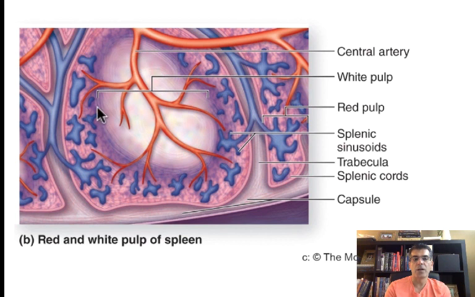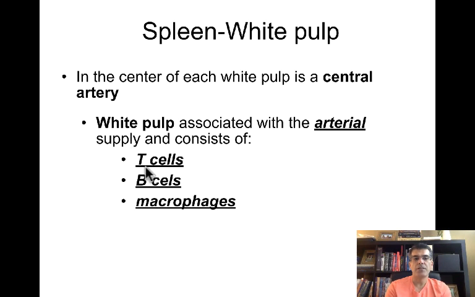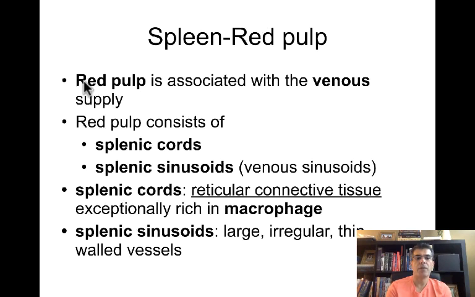So white pulp associates with artery. Outside the white pulp, what is left is called red pulp. And as you can see, red pulp associates with vein. White pulp contains a bunch of cells: T cells, B cells, and macrophages. Red pulp, on the other hand, mainly has macrophages.